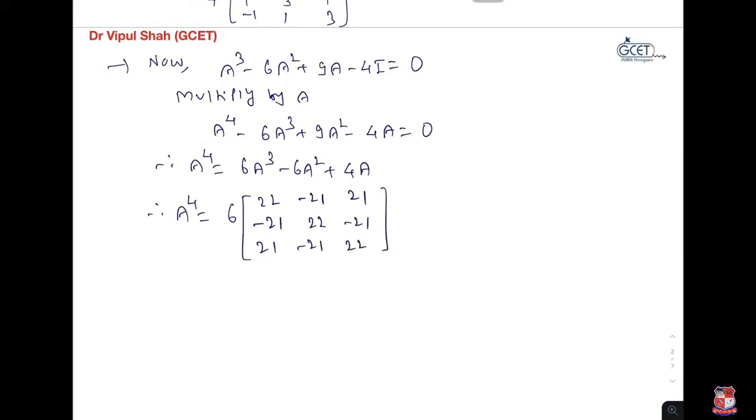So this is A cube, minus 9, sorry, minus 9 A square.